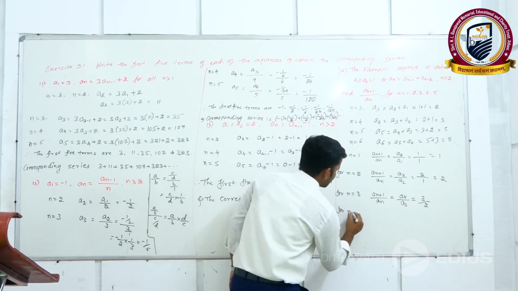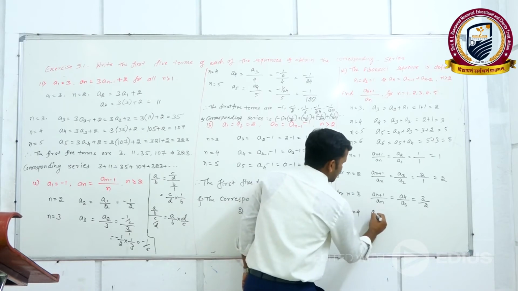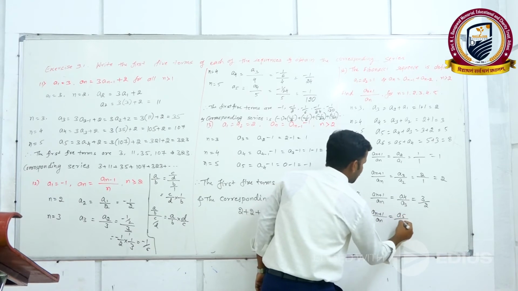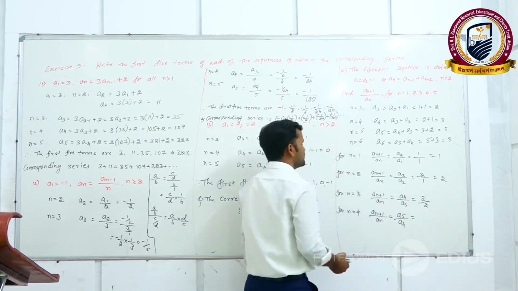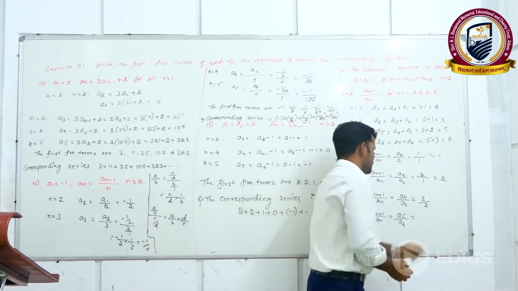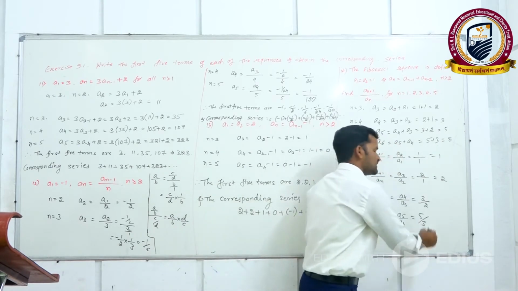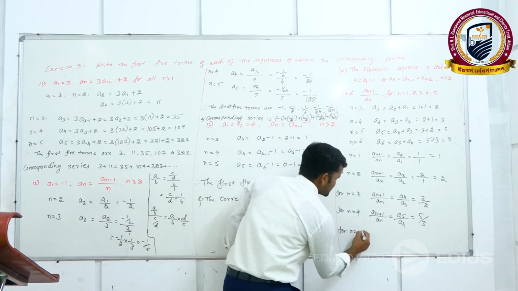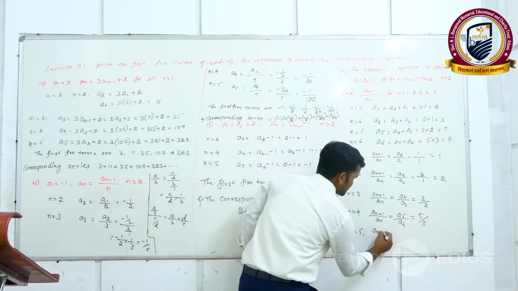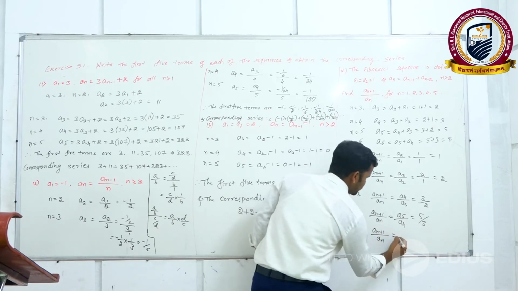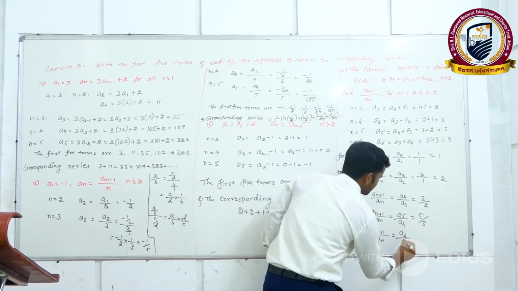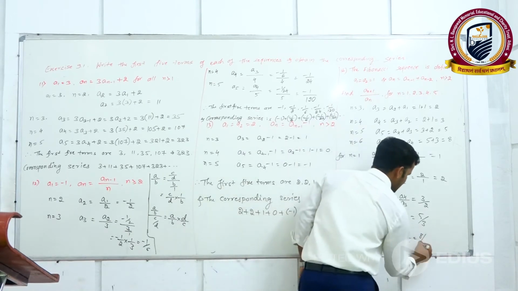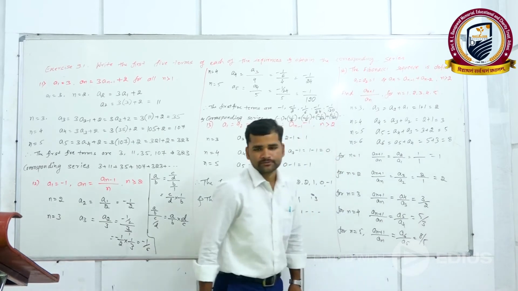And now for n is equal to 4, an plus 1 by an is equal to a5 by a4. a5 is 5 and a4 is 3. Answer is 5 by 3. For n is equal to 5, an plus 1 by an is a6 by a5. a6 value is 8. So answer is 8 by 5.